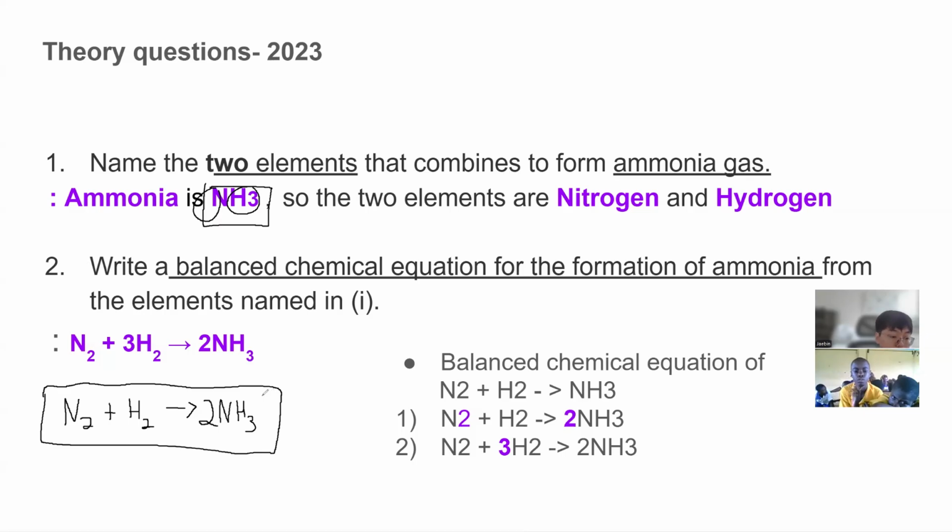Then how many hydrogen atoms are on the right? Three, but there are two threes, right? We added two ammonia.